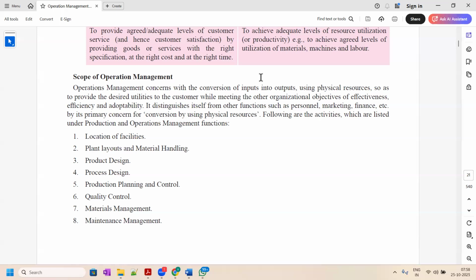The machines and equipment you are engaging, because to convert raw material into finished good you need machines and equipment, need to be maintained in good working condition, so that breakdowns and other things are avoided. Is this clear, guys?